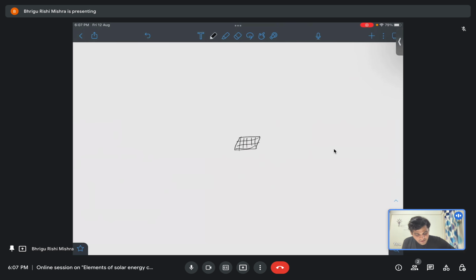So this is a surface, and suppose it is tilted with respect to horizontal by an angle of beta. So beta is the tilt angle of this surface. Now if I draw the normal on this tilted plane, it will look something like this, and the normal to the horizontal plane will be like this.